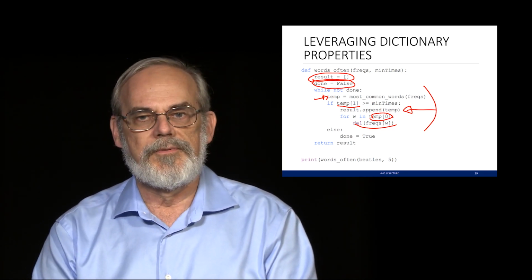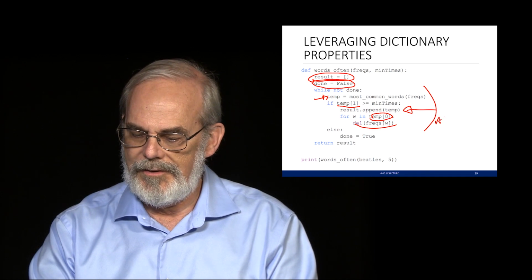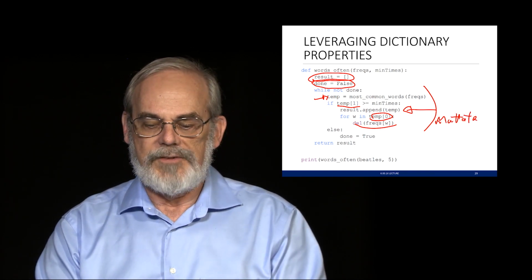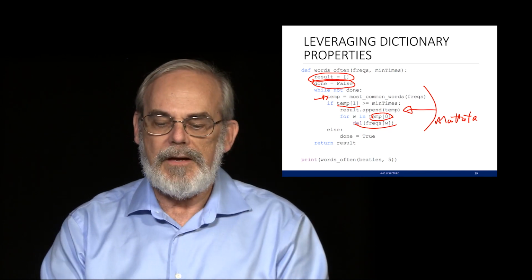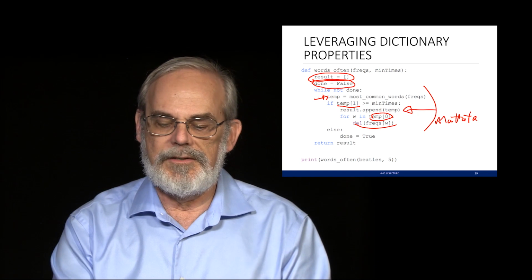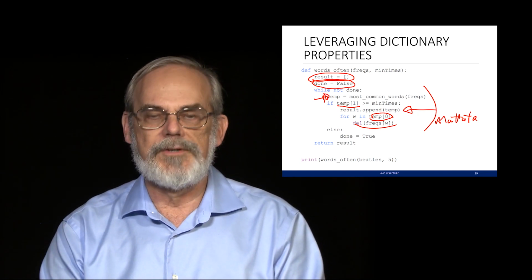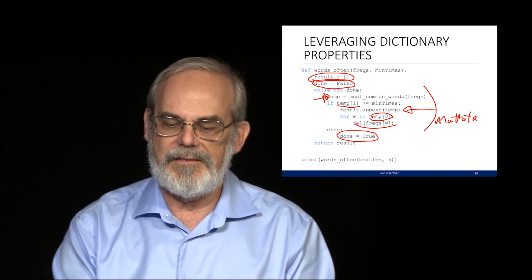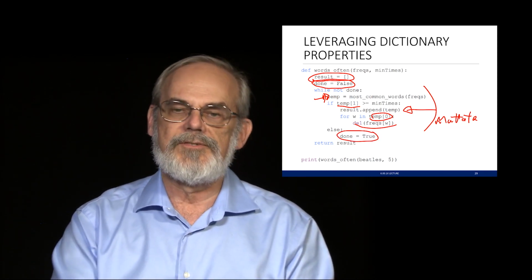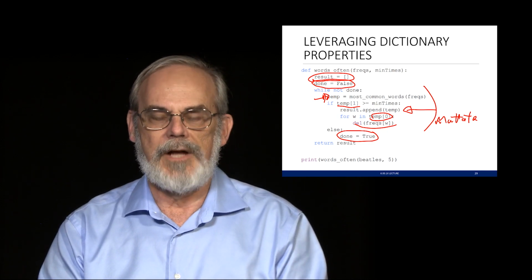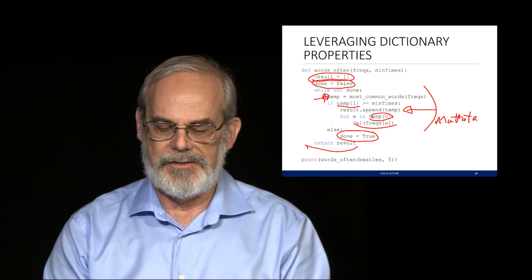And then I'm going to remove them from the dictionary. So I'm mutating the dictionary right here, which is really nice. Because once I've done that, I could go back around and do it again. And I'm going to keep doing that until when I pull out the most common words, they don't exceed my threshold, in which case I'm going to set that flag to true, which means when I go back around to the loop, it's going to say, oh, I'm done, and I'm going to simply return the result.